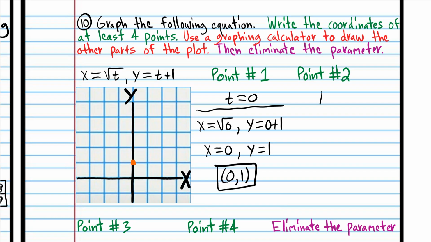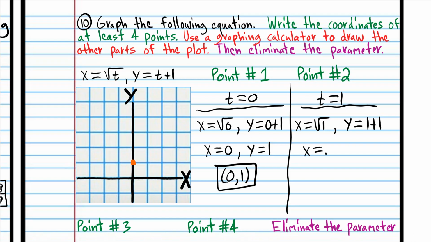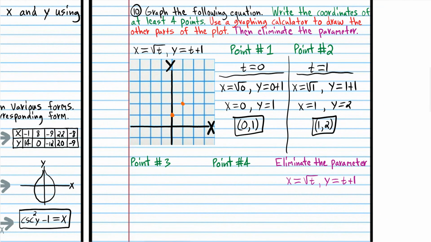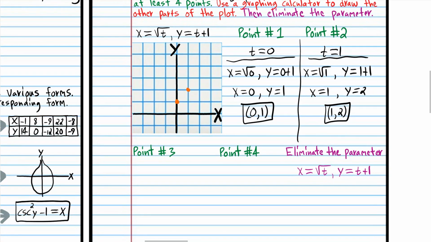Alright, let's choose another t value. Let's choose 1. Then x is equal to square root of 1, and y is equal to 1 plus 1. So x is equal to 1, y is equal to 2. So we have (1, 2). We're going to go out 1, up 2. And we need to find two other points. So let's choose t equal to 4.